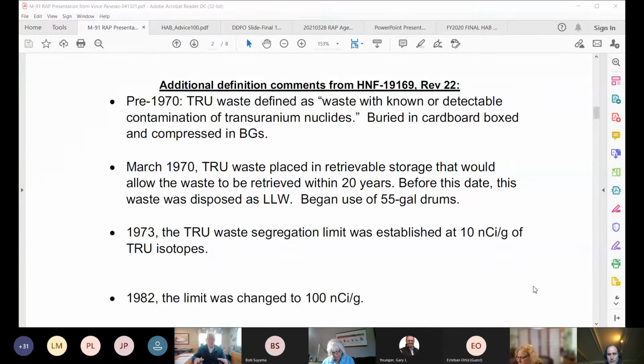We knew because we were handling it that it was under criticality levels. But if you had a pump that failed on the processing line, you had to get that pump out as fast as you could, get another pump in there, because you wanted that process line to keep going. And if you had something fouled up on the process, which it did from time to time, and you had material that wasn't right, you bagged it out of the glove box, you threw it in the cardboard box.